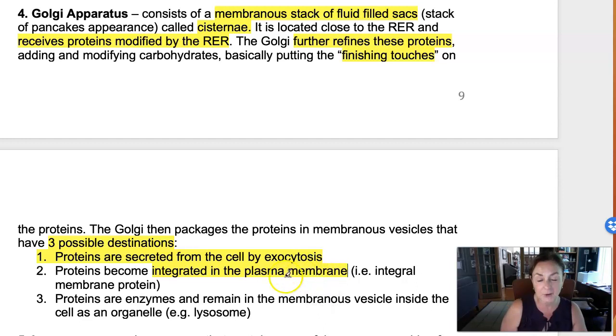Instead, it becomes part of the cell membrane, and that's how we can put receptors and carriers and channels up on the plasma membrane. Or it could even be an enzyme, and then this membranous vesicle is retained within the cell, and it's an organelle. And so those enzymes are catalyzing a reaction, and that reaction is doing work in the cell.